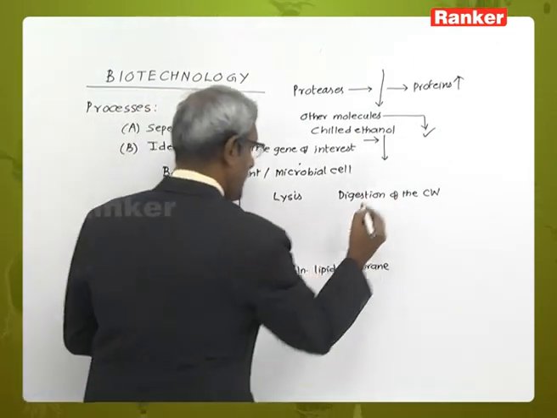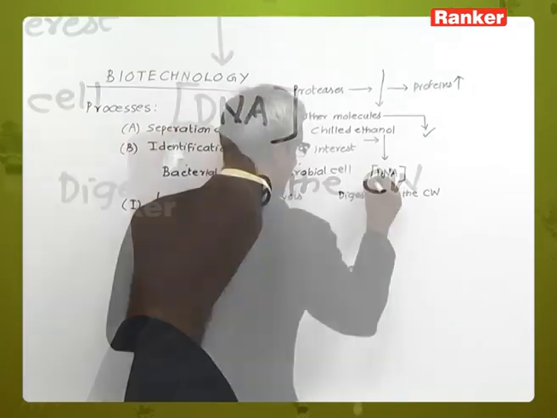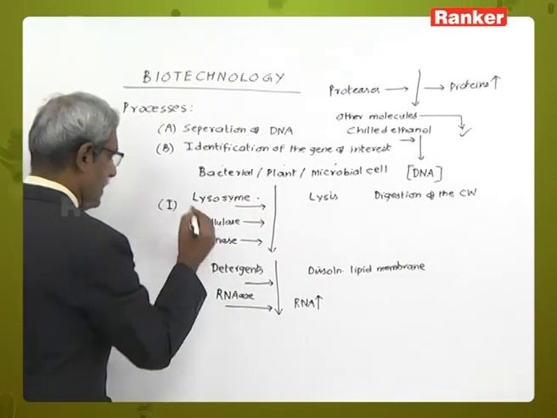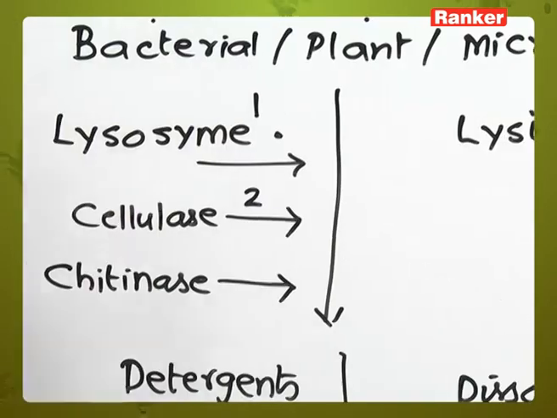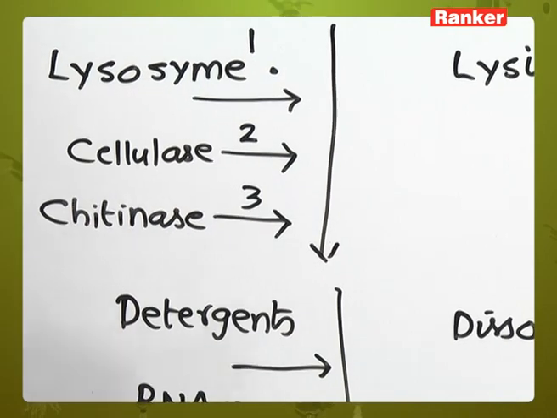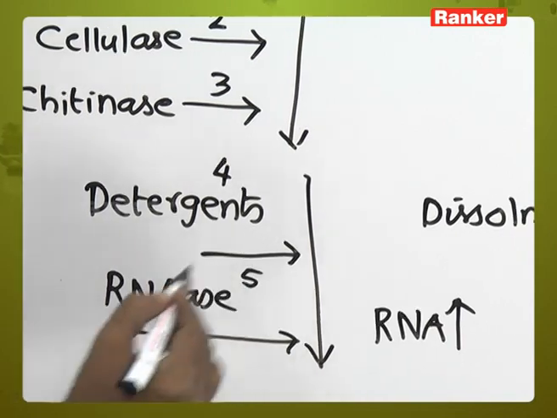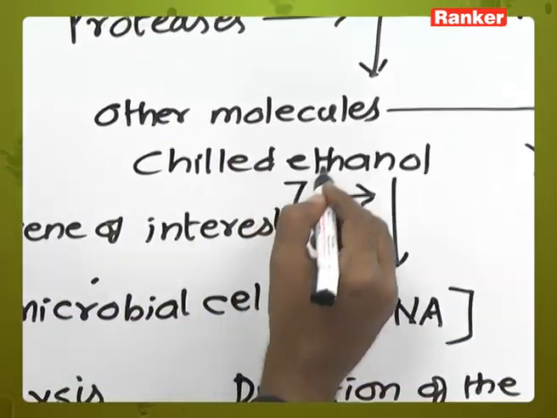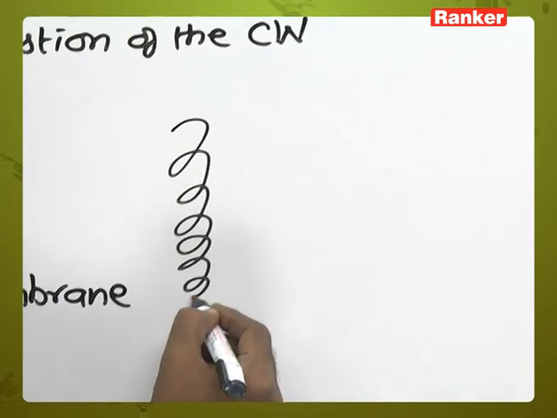Thereby, we come to the isolation of the DNA. For the isolation of the DNA, it requires different steps. First, in sequence, we have lysozyme for bacteria, cellulase for plant cells, chitinase for fungal cells, detergents for other cell components, RNase to remove the RNA, then proteases to remove the proteins, and chilled ethanol, which enables the DNA to come out in the form of a spool.